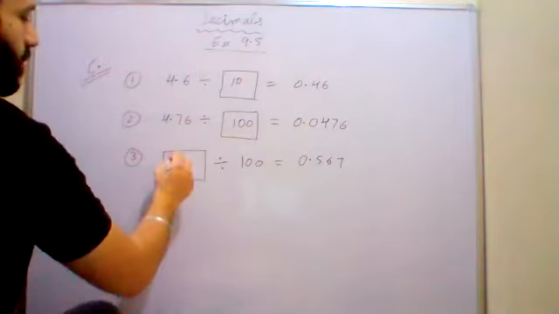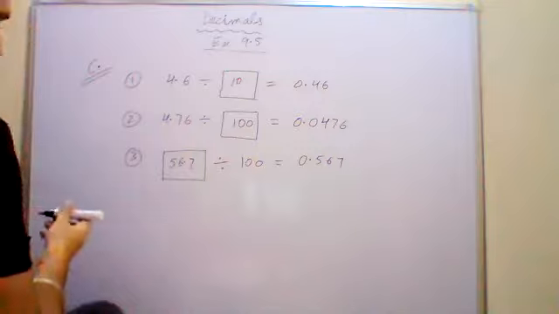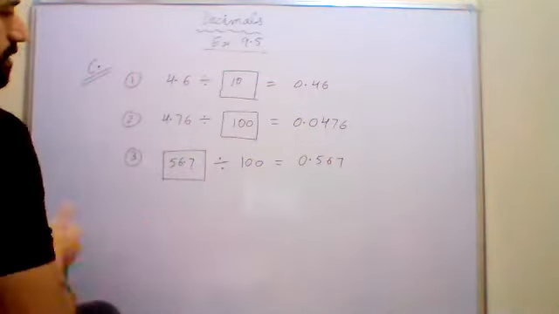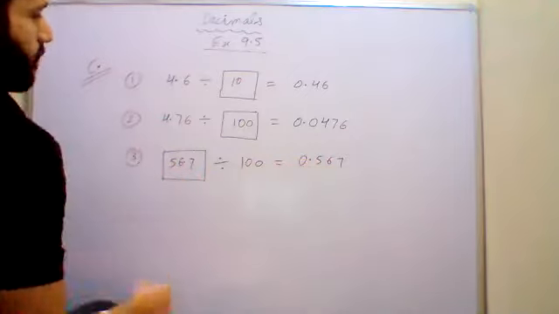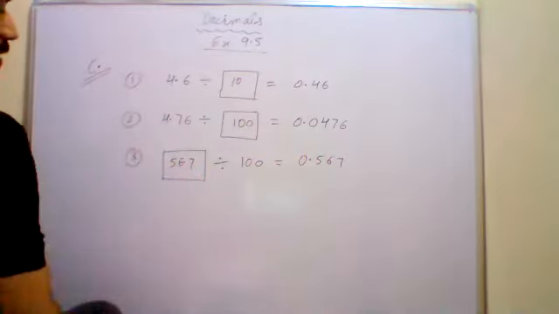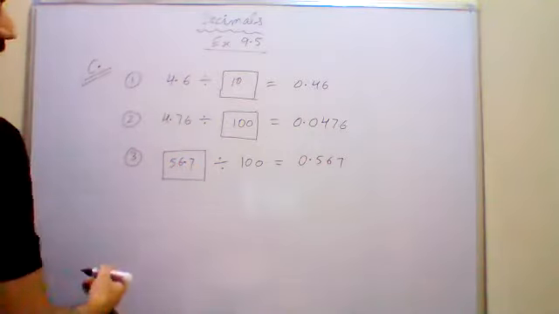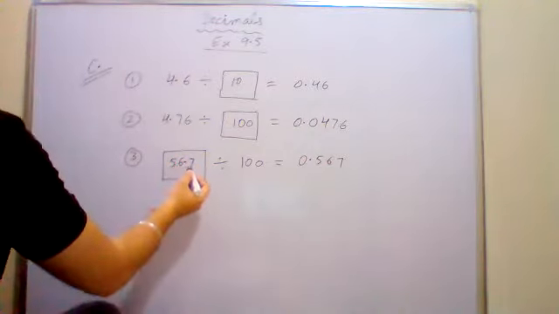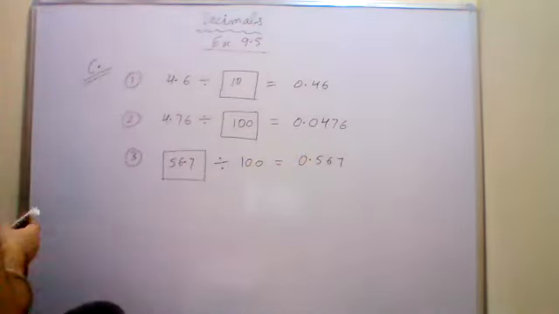The original one is 56.7. If the decimal moves 2 places, then it becomes 0.567. So if we divide 56.7 by 100, we will get 0.567. So this is the answer: 56.7.